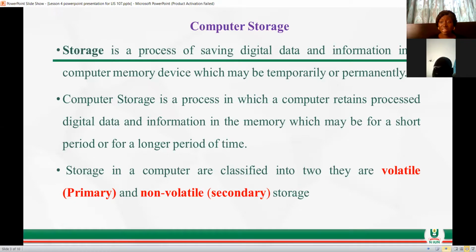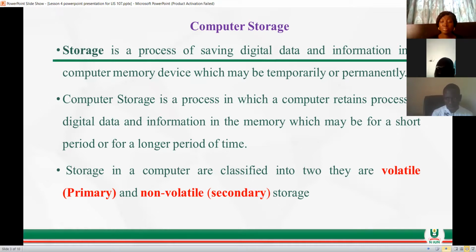And there are some things you buy and they will not just get spoiled. No matter how long you keep them, they're just there until you're tired of it and then you dispose it. It's the same thing in computer storage. So computer storage is a process in which a computer keeps, stores or saves digital data and information in the memory, which will last either for a short period or for a longer period.